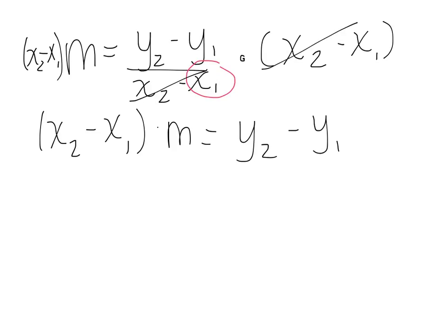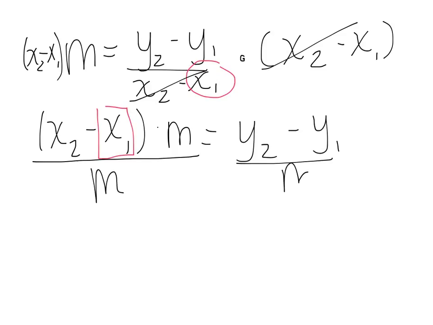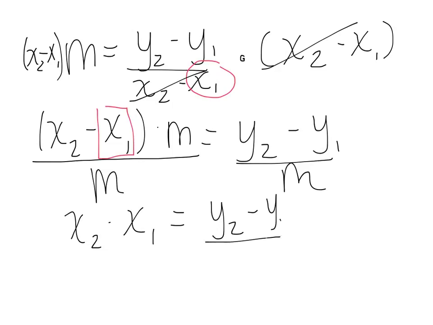So the problem here is that x1 is inside of the parentheses. To get into the parentheses, I have to get rid of the m outside of the parentheses first. So I'm going to divide both sides of the equation by m. So I'm left with x2 minus x1 equals y2 minus y1, all divided by m.